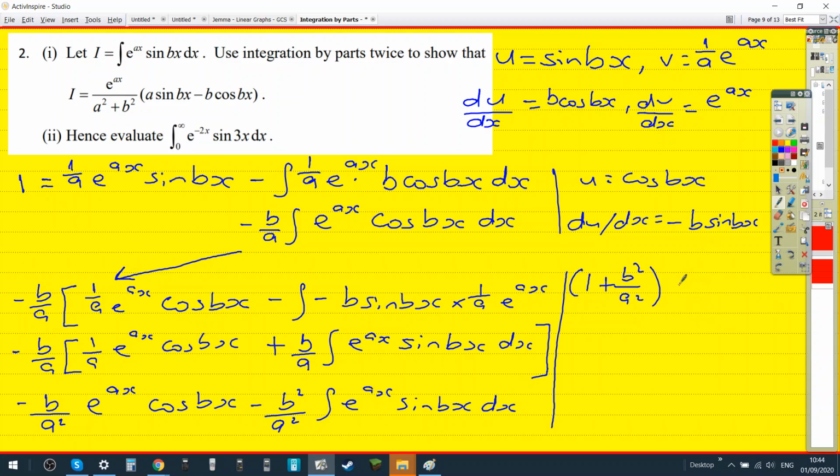So I is equal to 1 over a e to the ax sine bx plus b over a squared... hang on, I think it's minus. Oh, but it's minus b over a squared in the beginning, so I think it's plus.